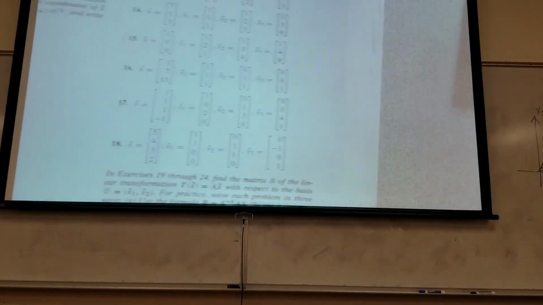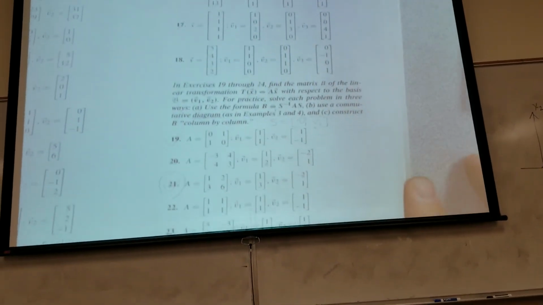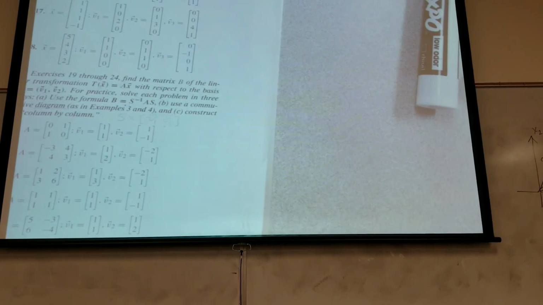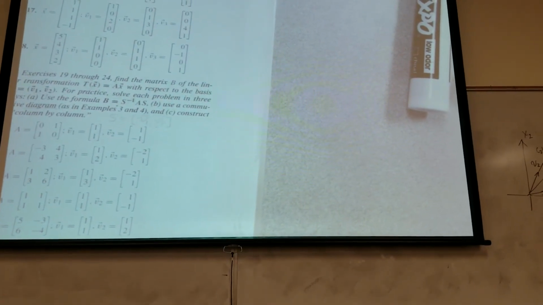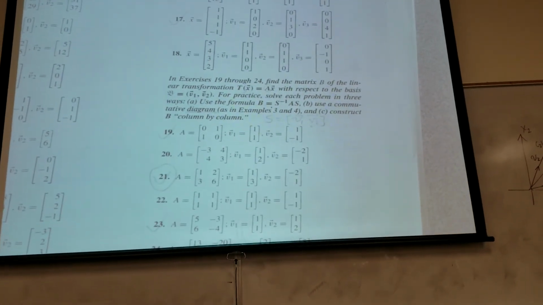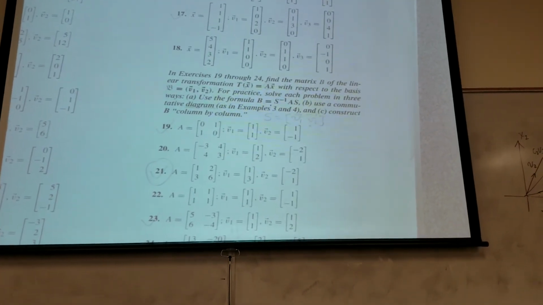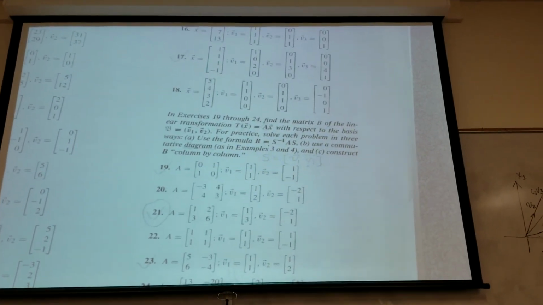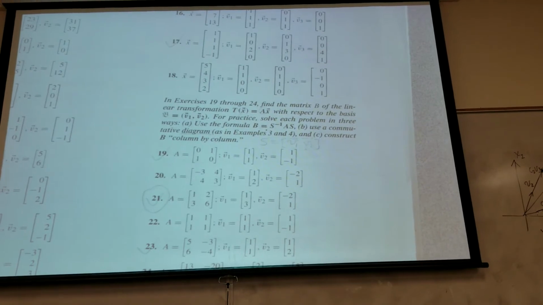In exercises 19 through 24, find the matrix B of the linear transformation T, T of x equals A times x.